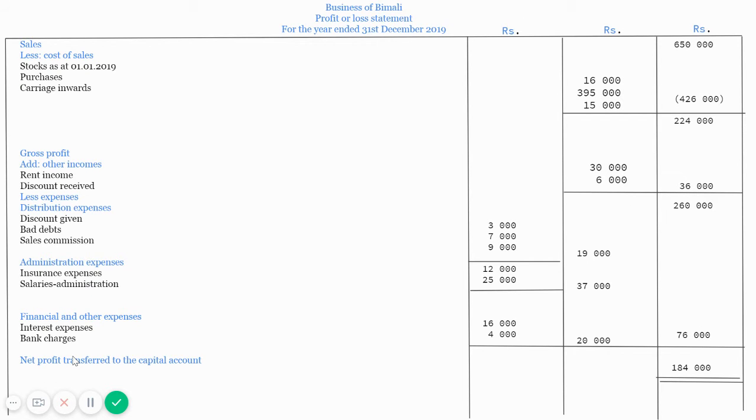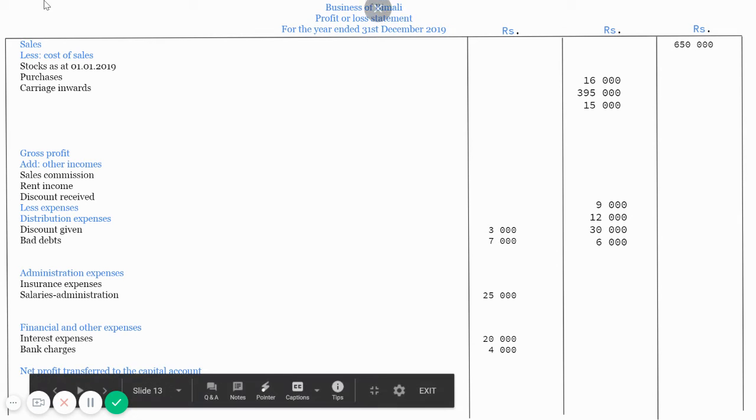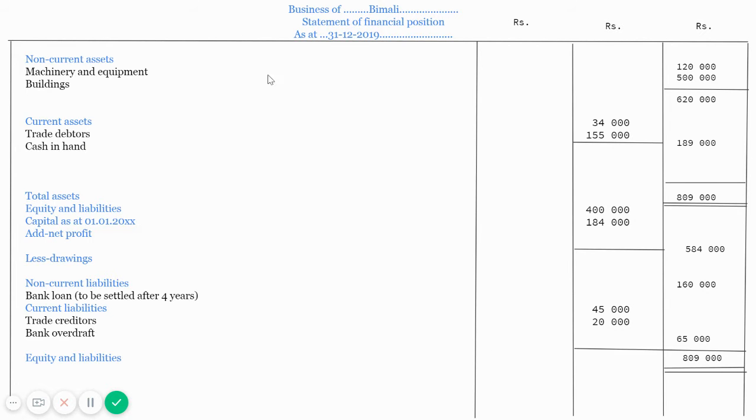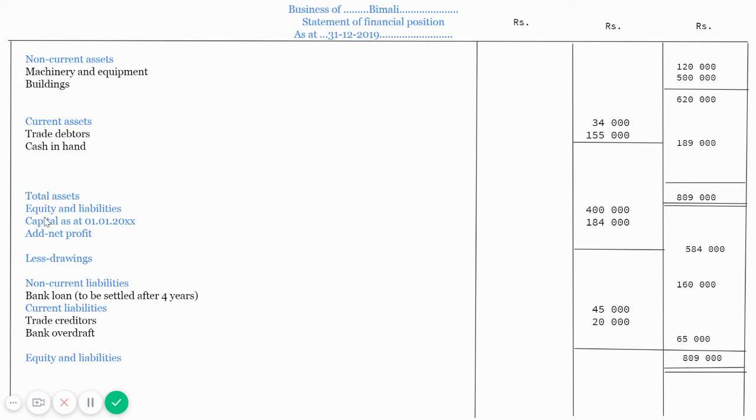So as the first figure given in the trial balance, capital of 400,000 must come to the statement of financial position under equity and liabilities.